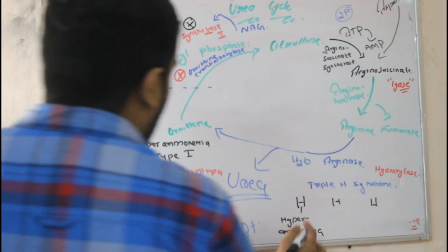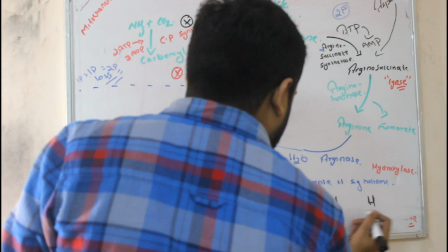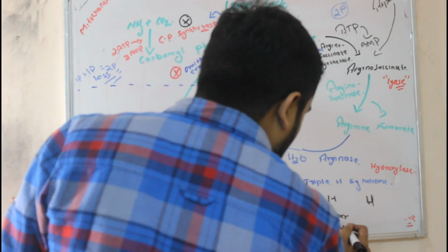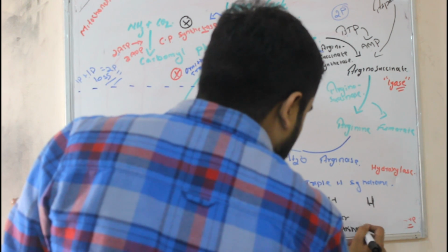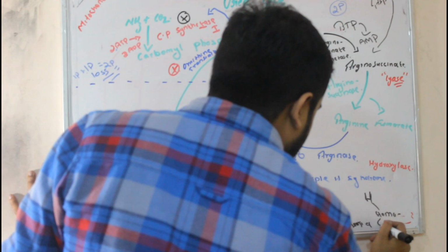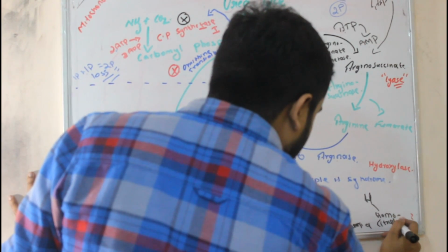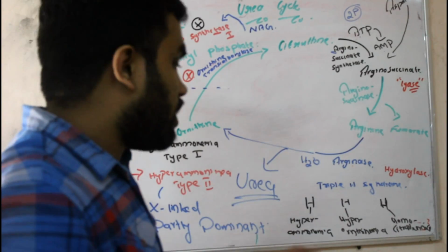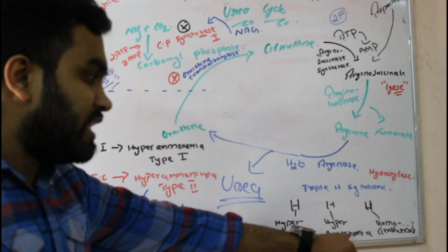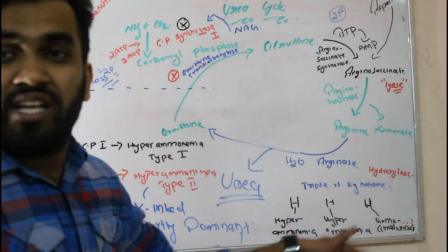Second is hyperornithinemia, ornithine will be increased. Then the third one is homocitrullinemia. So the triple H syndrome is hyperammonemia, hyperornithinemia and homocitrullinemia.